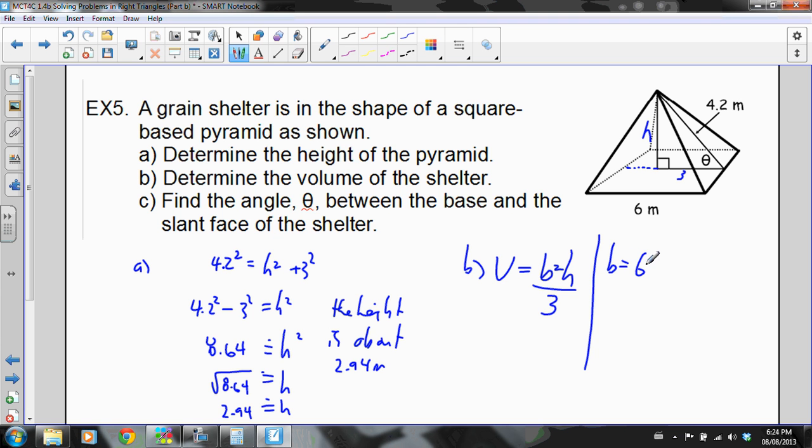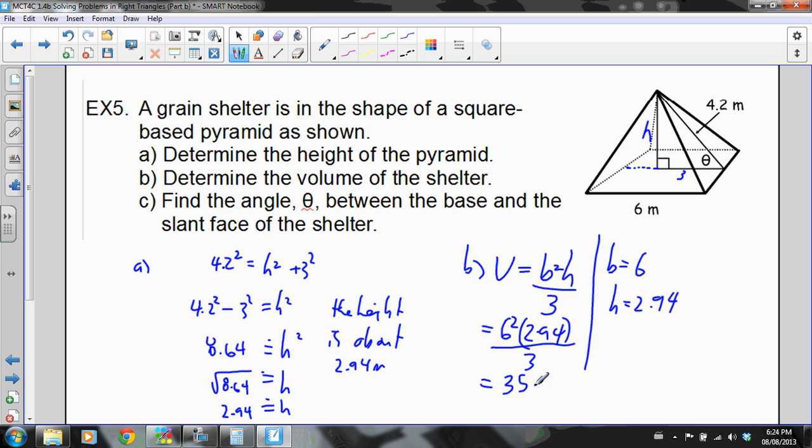The base is 6. The height was the 2.94 that we just found. And then fire that into a calculator just as fast as we can. Times in between there, I'll put that in brackets maybe so we know to multiply. Divide by 3. 6 squared times 2.94 divided by 3, all in one step in our calculator.